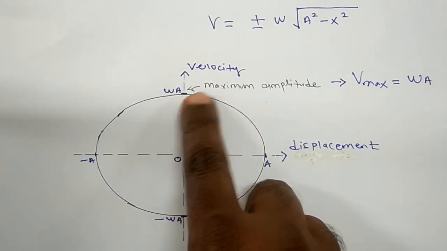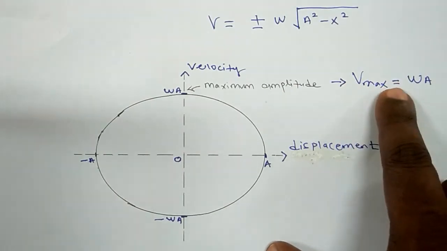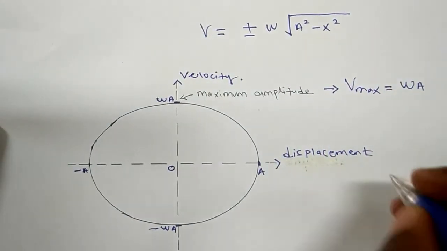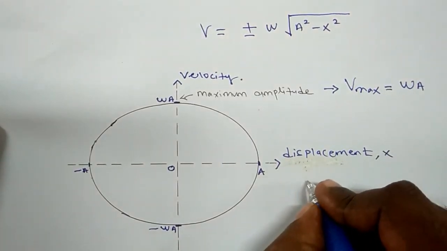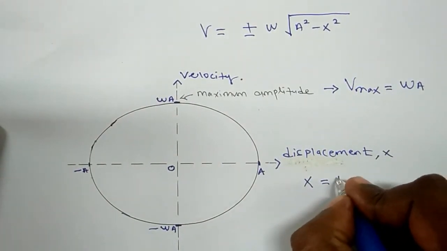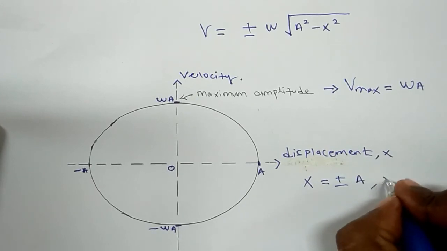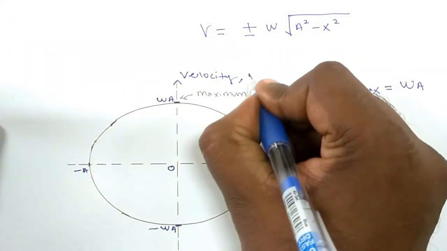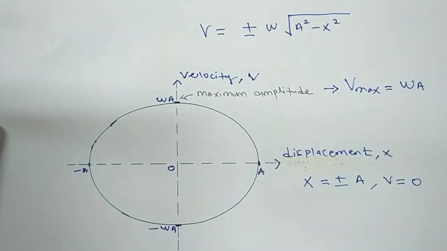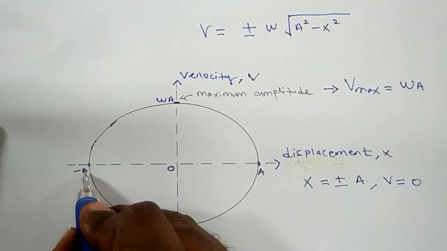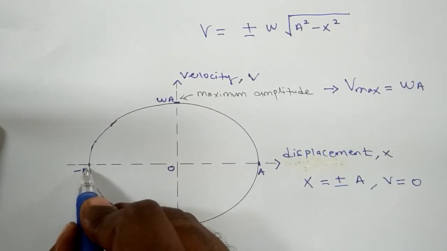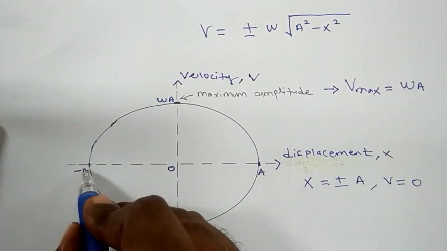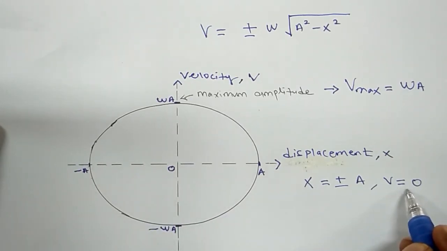At maximum amplitude, v max equals omega a. When the displacement x is plus or minus a, the velocity is 0.